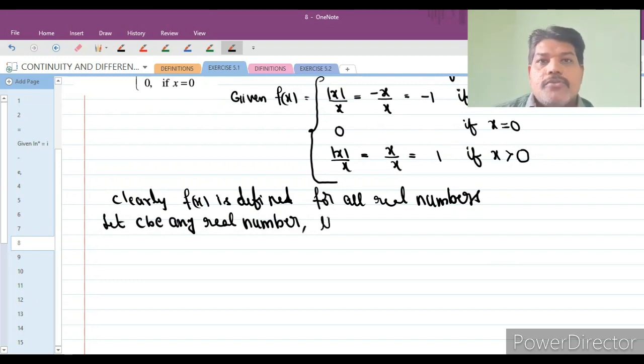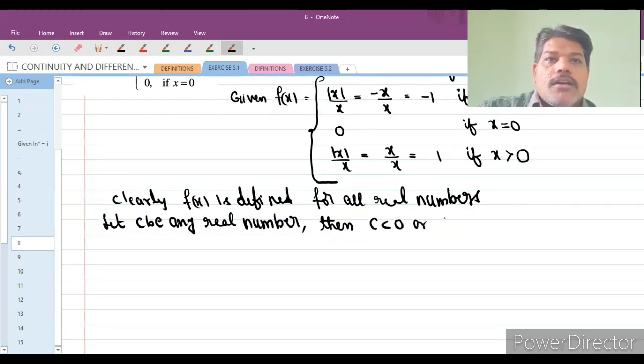Then what happens, students, if c is any real number, then three cases will arise. What are those cases? According to the given question, c less than 0, or c is equal to 0, or c greater than 0.